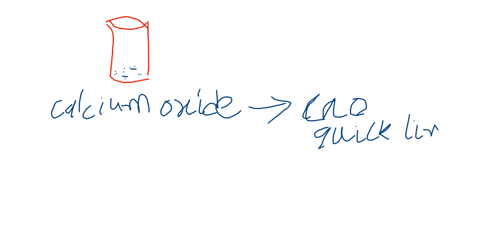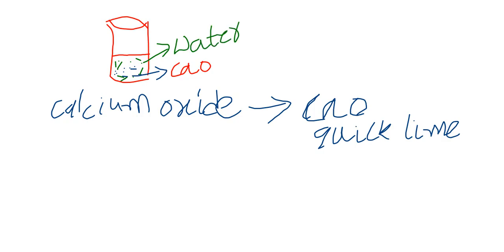Take some calcium oxide in a beaker and add some water to this slowly. The chemical formula of water is H2O.